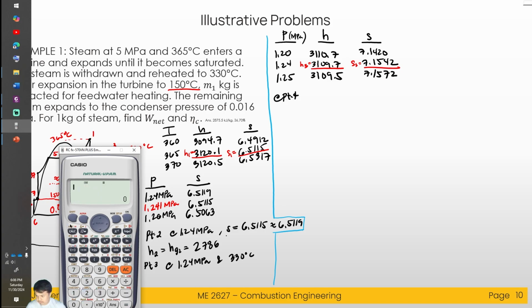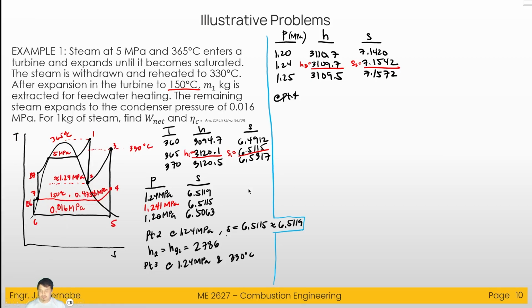Yeah, no? 365. 3107 pala dapat, no? Ayan, kamali tayo. So this should be 3107.6.